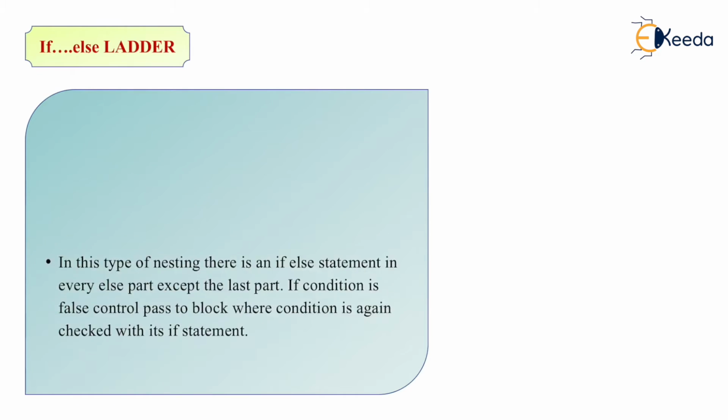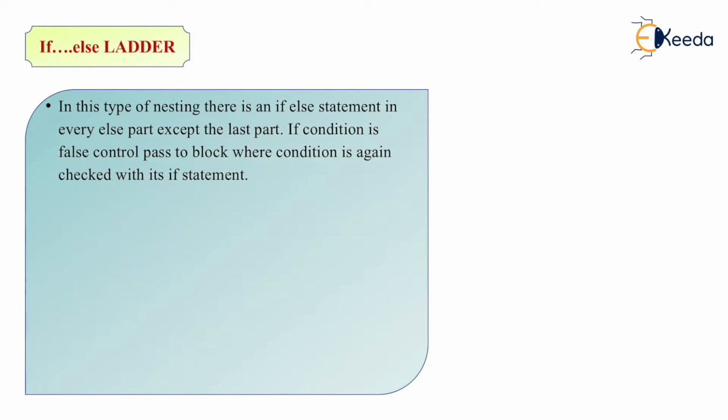Next is the if-else ladder. In this type of nesting, there is an if-else statement in every else part except the last part. If the condition is false, then control passes to the block where the condition is again checked with its if statements.